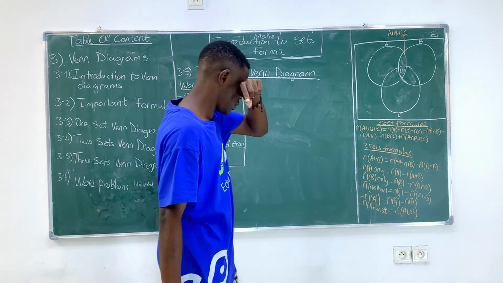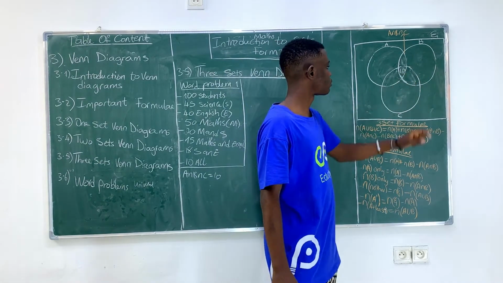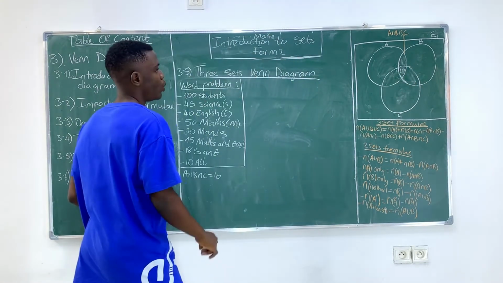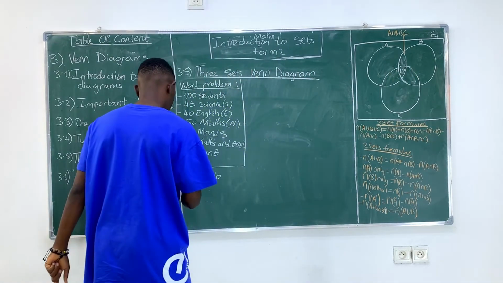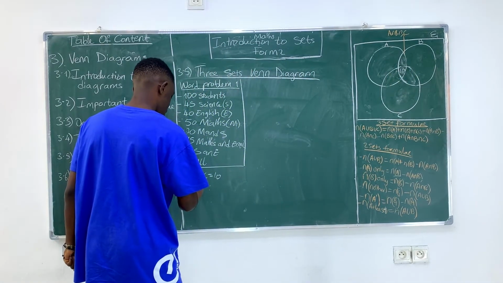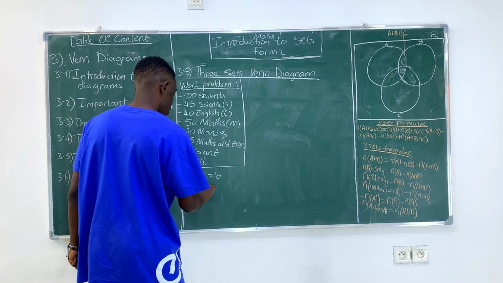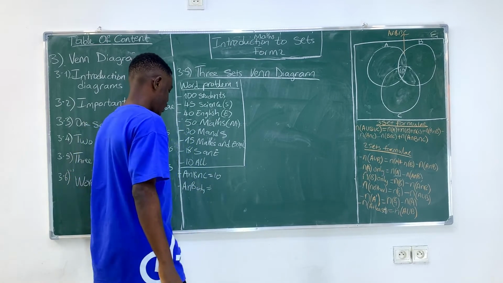The next one now, we find the onlys. Let's start with A intersection B only.